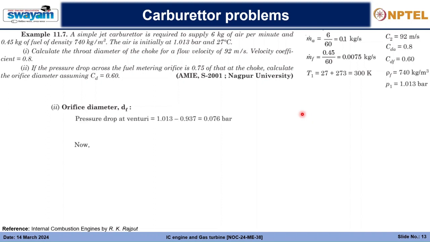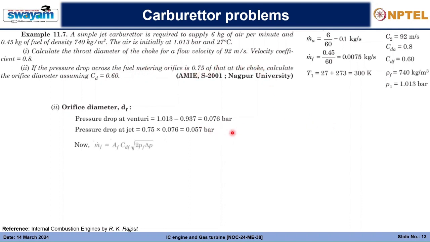First the pressure drop. We now know the value of P2, so the pressure drop at the venturi is 0.076 bar, and the pressure drop at the jet is 0.75 times 0.076 bar, since it is given that the pressure drop across the fuel metering orifice is 0.75 times that of the choke.